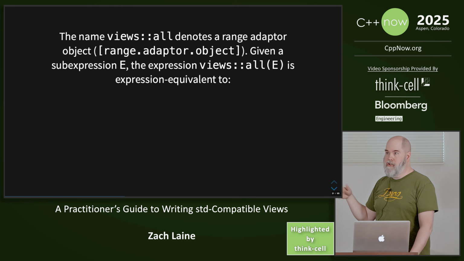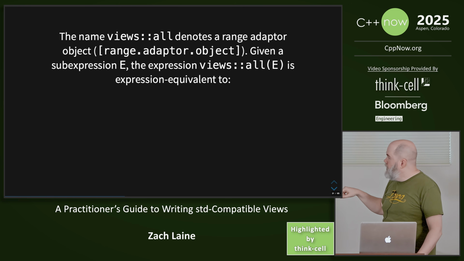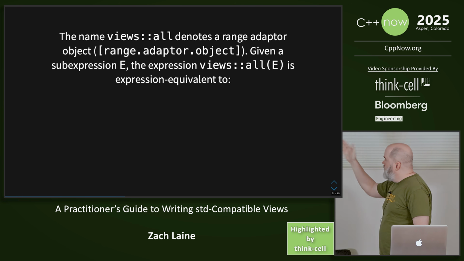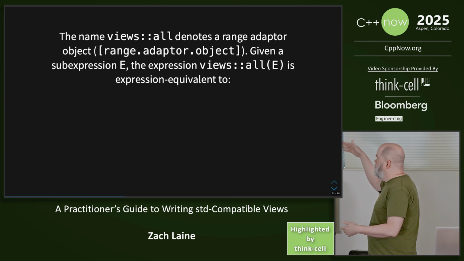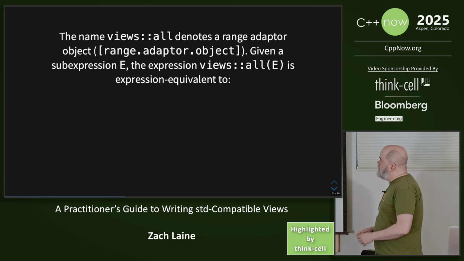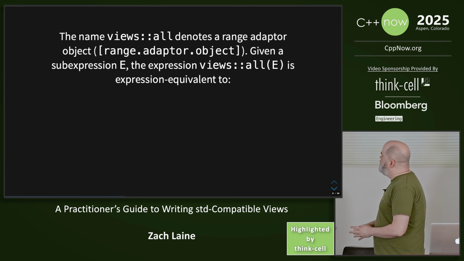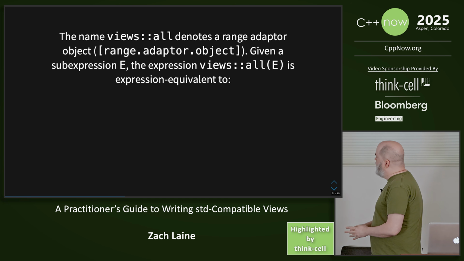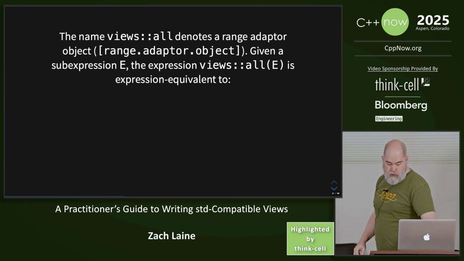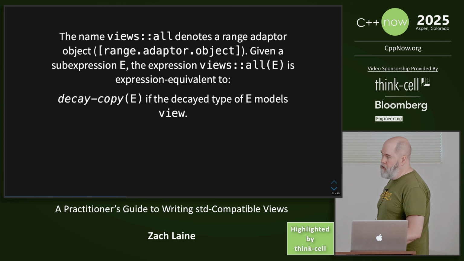Like I said in the previous slide, alt helps with this. And alt is just an alias for calling views::all on decltype of T. Views::all is a range adapter, which is a callable. It's not really a function, but this is again for the standard. It denotes a range adapter object given a sub-expression E. The expression views::all of E is expression-equivalent to decay-copy of E if the decayed type of E models view.